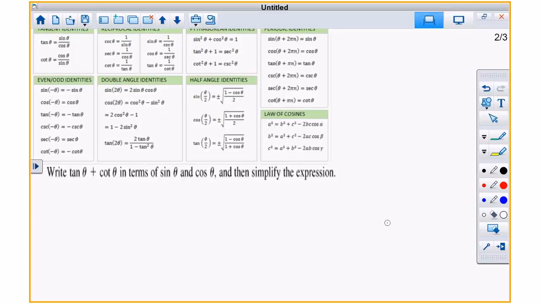So the tangent is equal to sine over what? Sine over cosine. Cotangent is equal to cosine over sine. Common denominator is cosine sine.